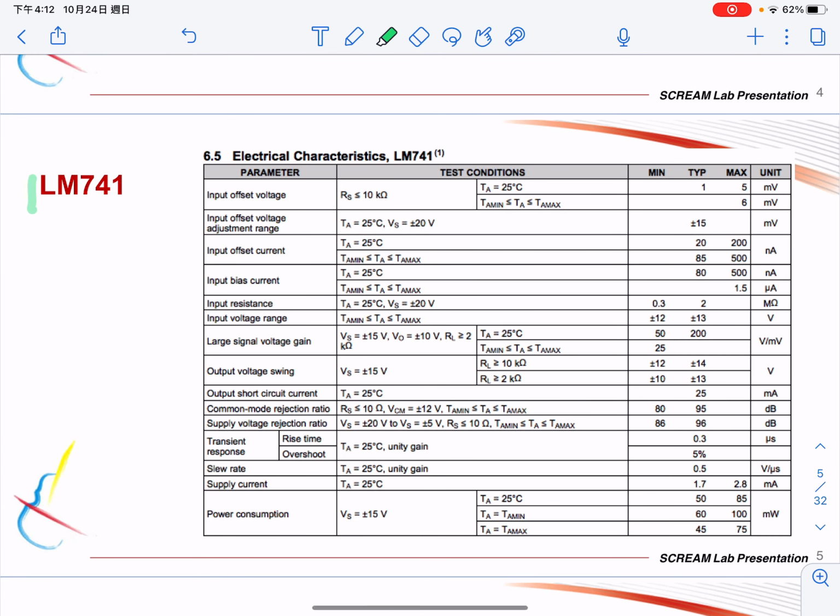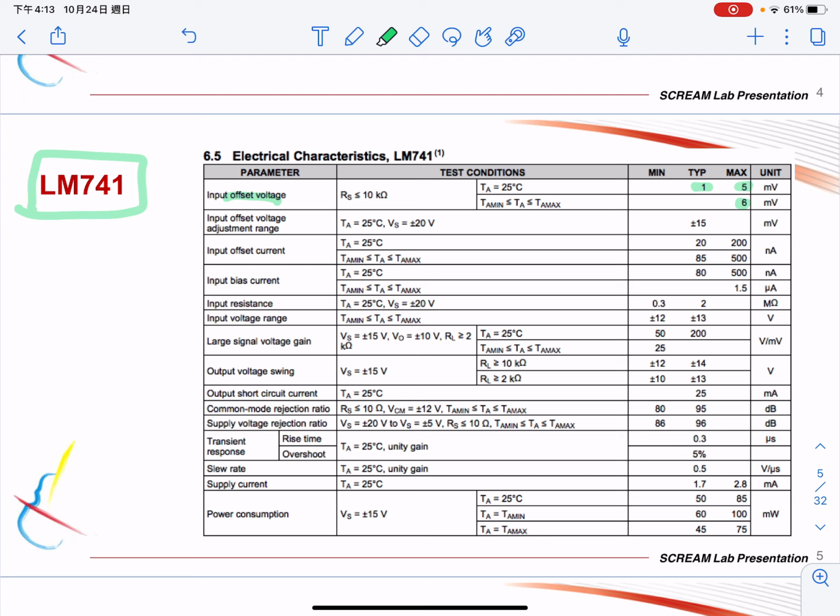It is very small and very cheap, called the 741. As you can see, the offset voltage is only 1 millivolt, maybe 5 or 6. It's small. And we can adjust the offset voltage in case we want a true zero offset voltage.